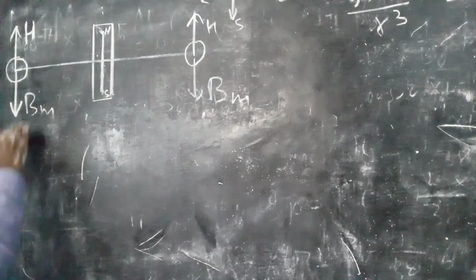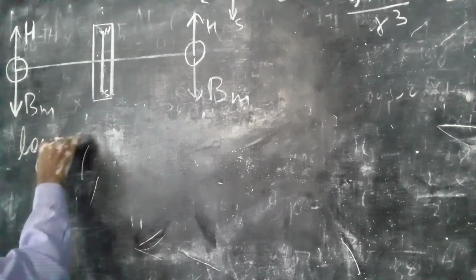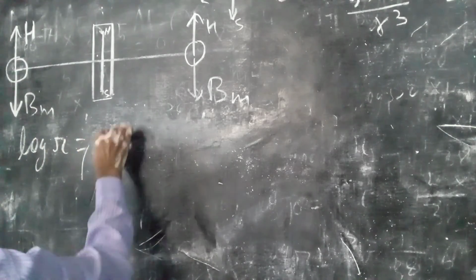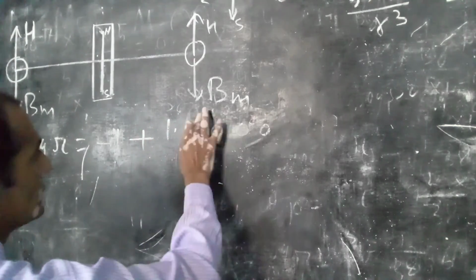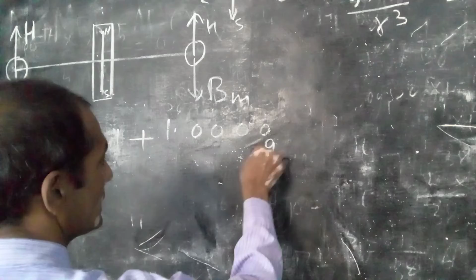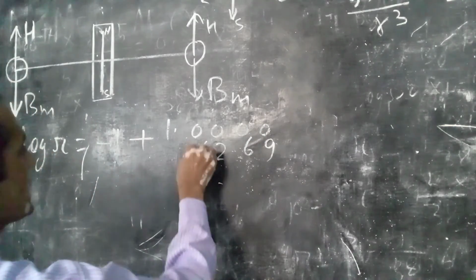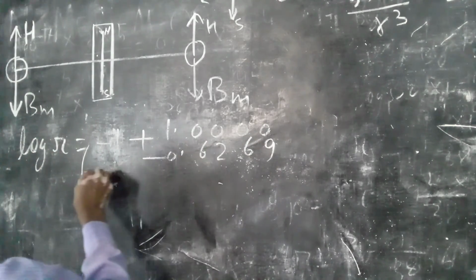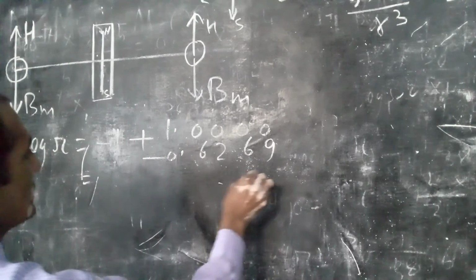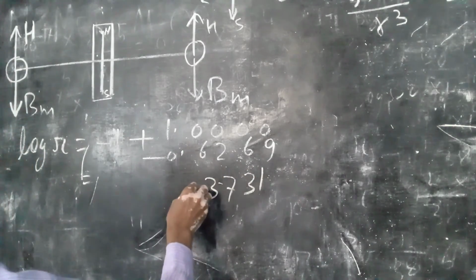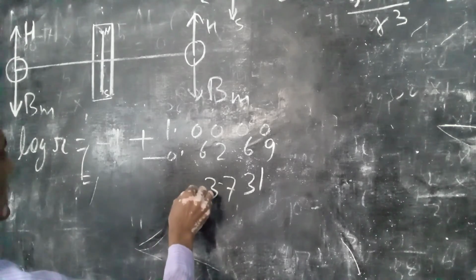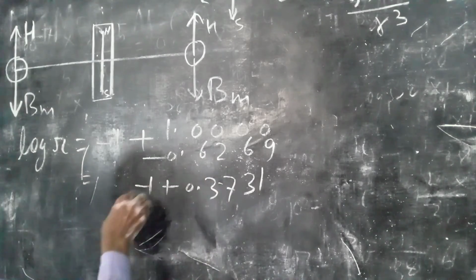So log r is equal to minus 1 plus 0.3731.